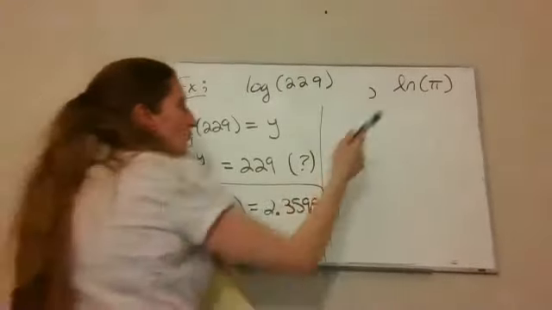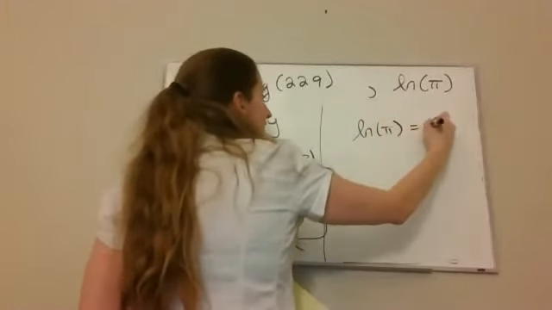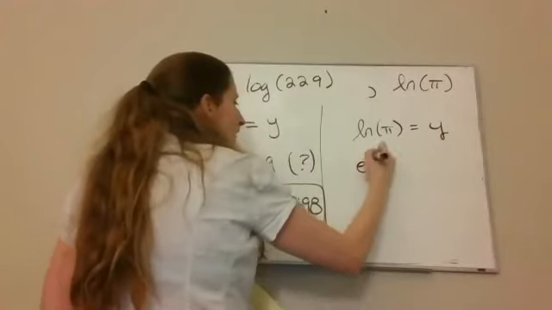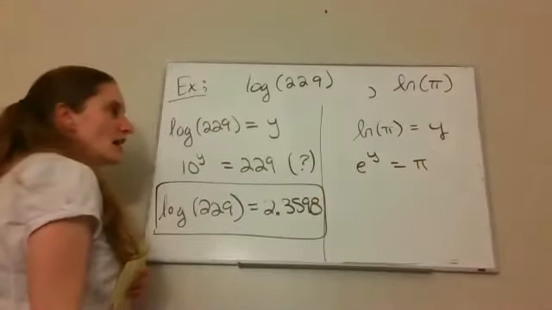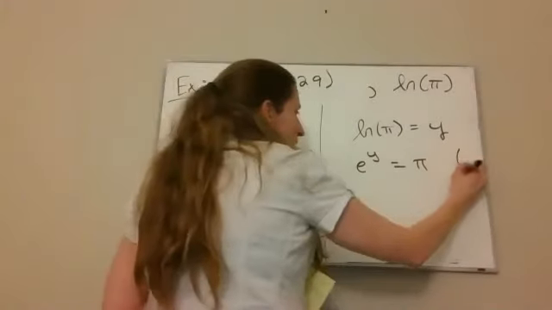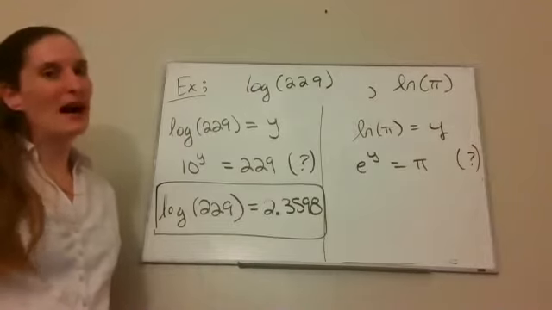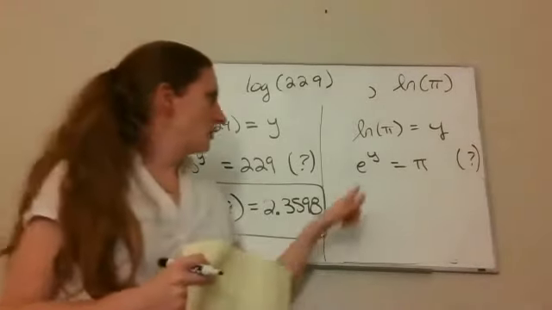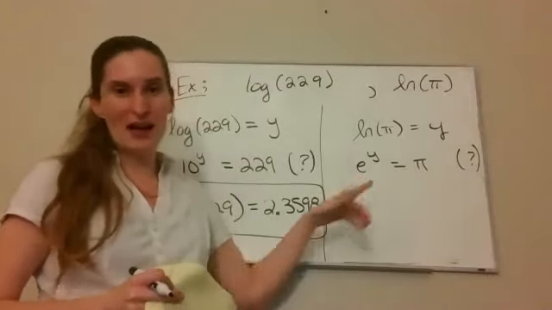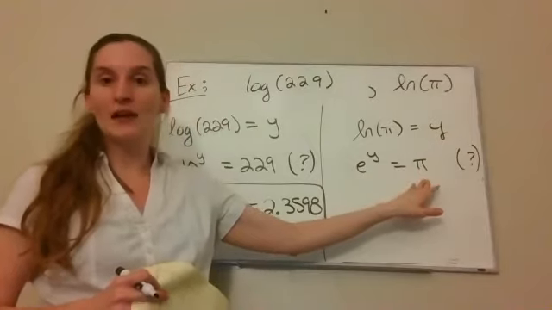Now, similarly for this guy, natural log of pi. If I write that equals y and rewrite it as an exponential, I get e to the y equals pi. And then you're stuck, because you have no idea how to write pi as a power of e. But what we do know is e is 2.718-ish, pi is 3.14-ish.